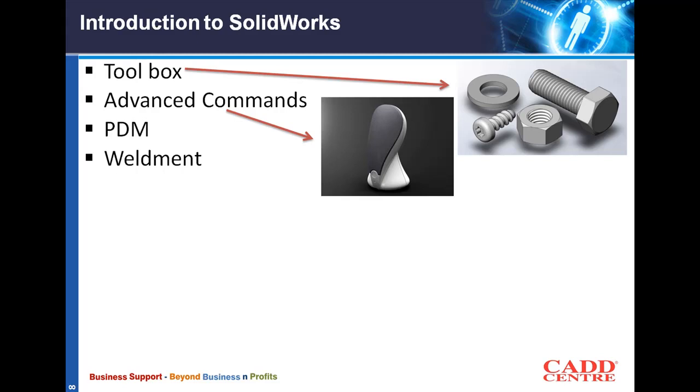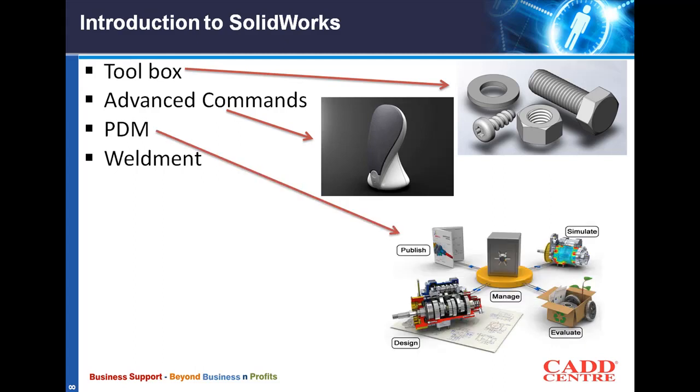Now if you want to create these types of features, you have to create the product using advanced commands, where SolidWorks will use commands like freeform, where you'll be able to drag the surface and create it like clay modeling, and you can also twist and blend, whatever you want, using advanced commands.